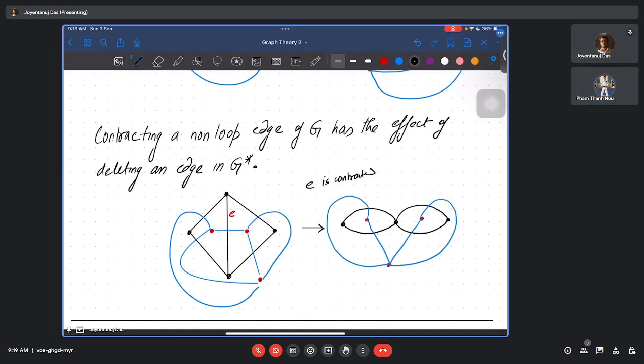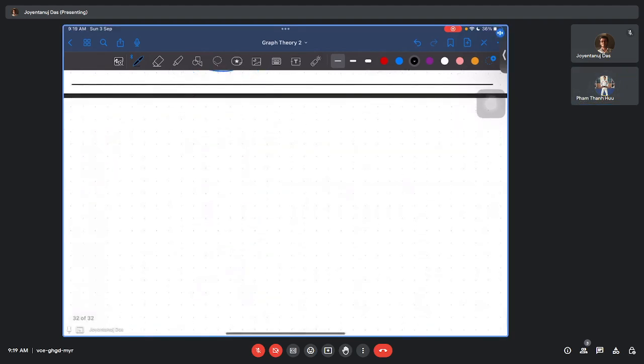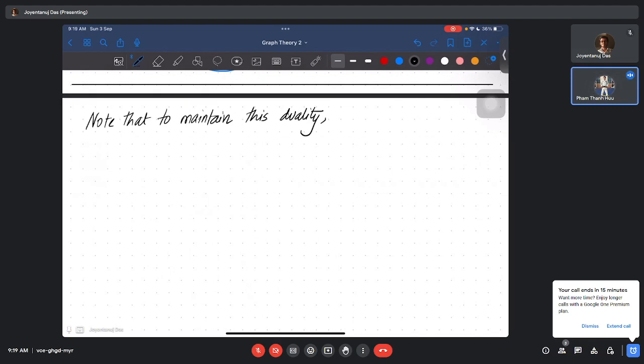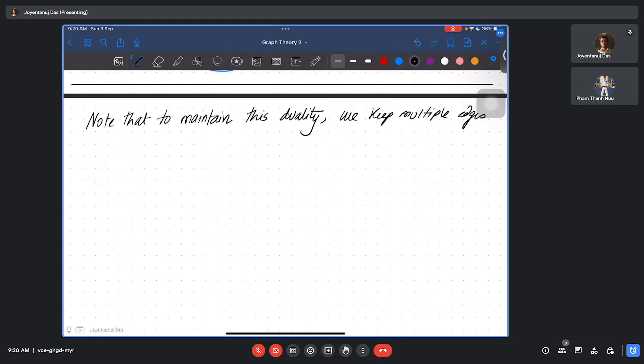Okay. So next, to maintain the duality, note that we keep multiple edges and loops that arise from edge contraction in the plane graph.